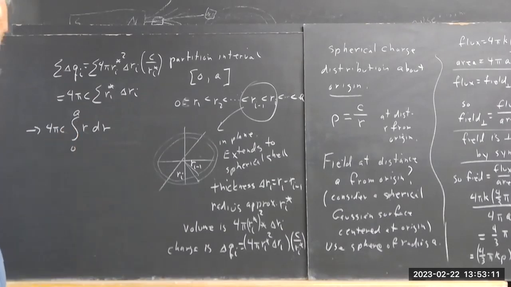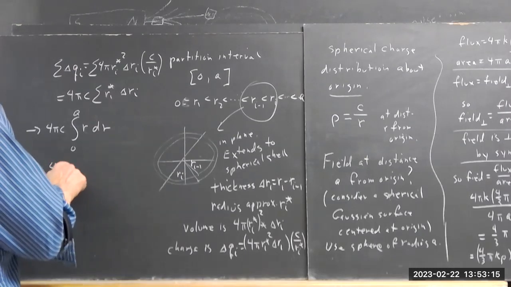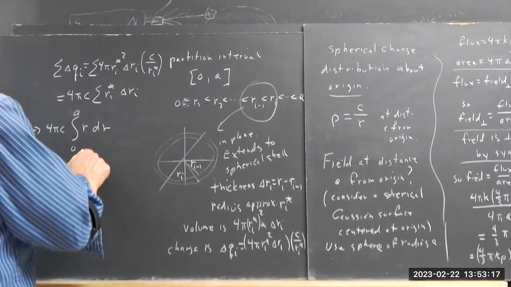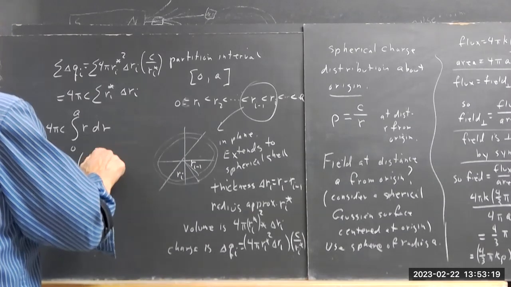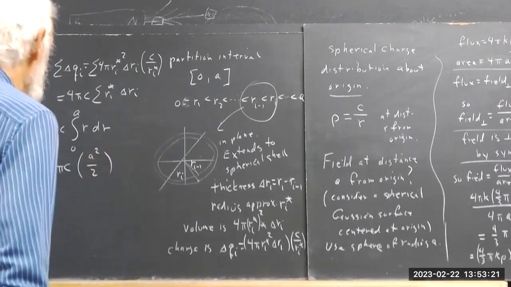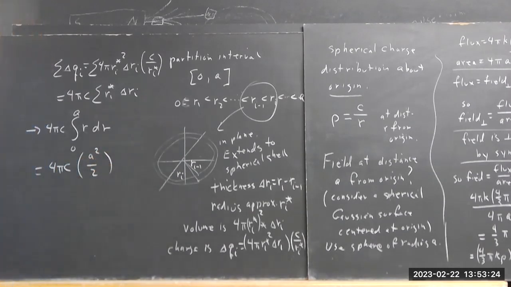So how the units are working out here. Anyhow, if I've done these details right, which I think I have, we get 4 pi C times a squared over 2. In the units of C, we're going to end up with units of charge.